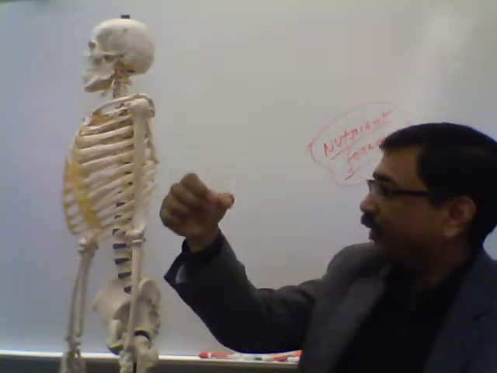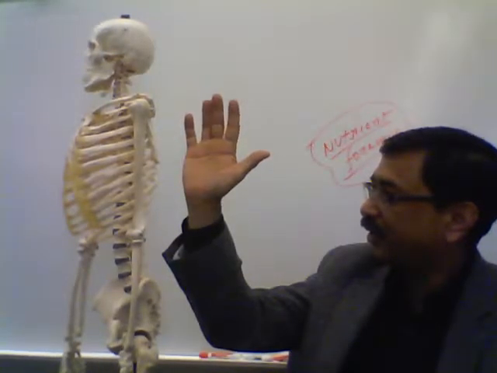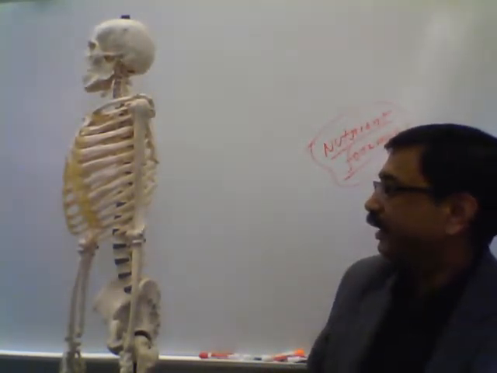And then you have 14 phalanges, 3 in each of the toes except the big toe. Big toe has only 2, like your thumb. Okay, your thumb has 2, your big toe has 2. Other fingers or toes have 3 in each, so 4. Okay.